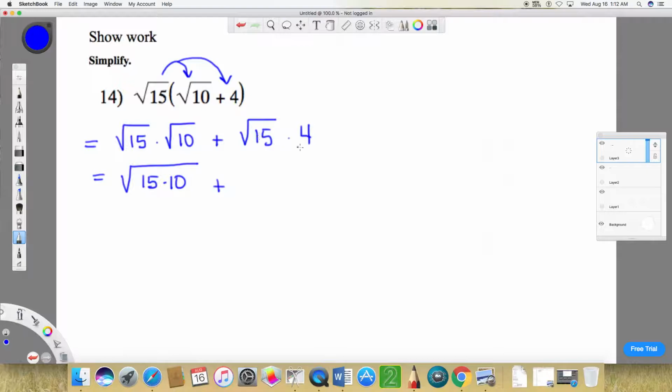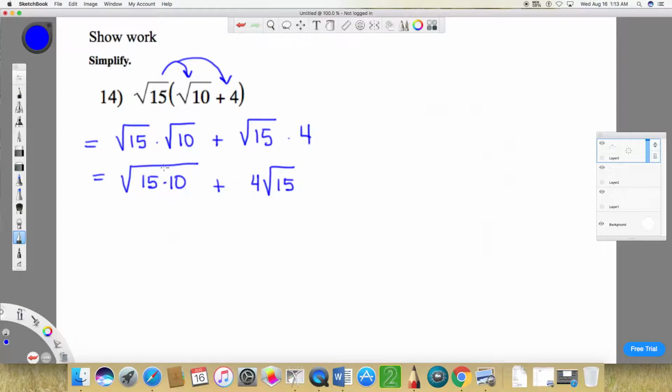They call that the commutative property. If you have an A times a B, it represents the same number as B times A. The order of multiplication doesn't matter. It does in subtraction and division, but it doesn't in multiplication or addition. All right, so I can write this as 4 times the square root of 15.